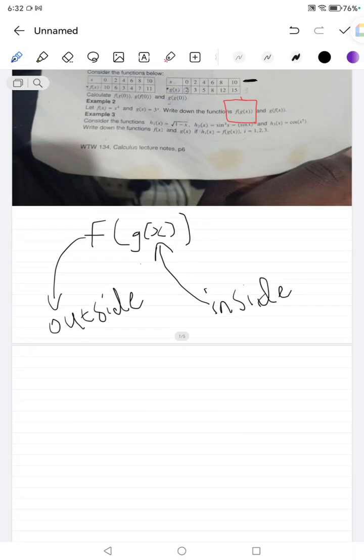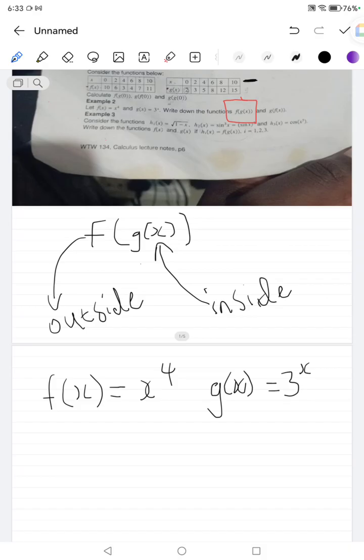And what functions do we have this side? We have the first function, our f of x, which is the outer one in this case, it's your x to the exponent 4, and they said our g of x is equals to 3 to the exponent x. But now what are they saying? They're saying this g of x has to be inside your f of x.